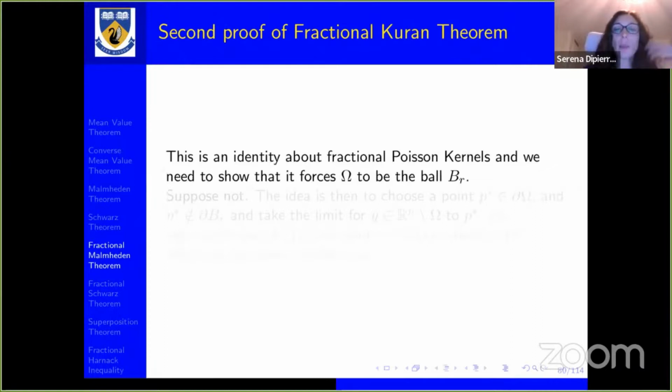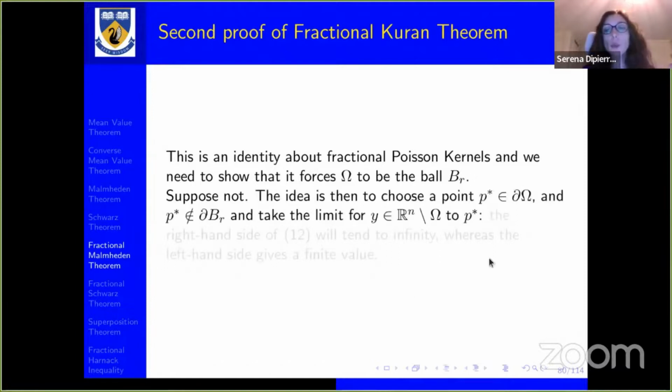Okay, so this is an identity about fractional Poisson kernels, and we need to show that this identity between fractional Poisson kernels forces omega to be the ball. So again, we suppose by contradiction that this is not true, so that B_R is strictly contained in omega. Then I can choose a point P star on the boundary of omega that is not on the boundary of B_R.